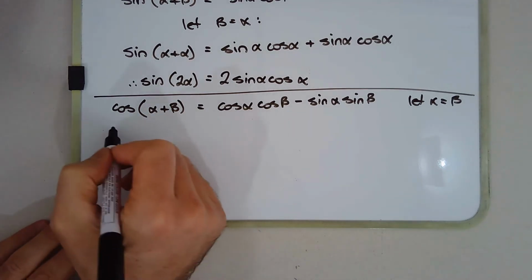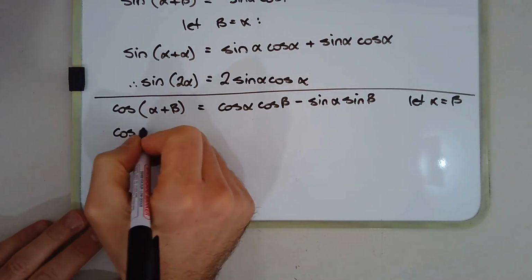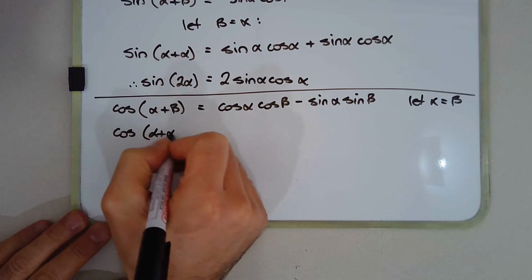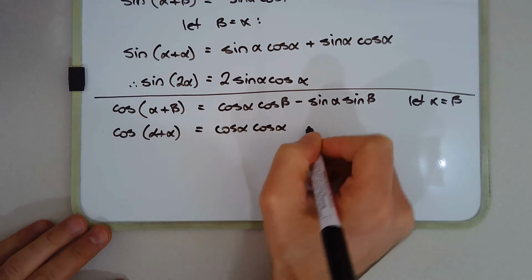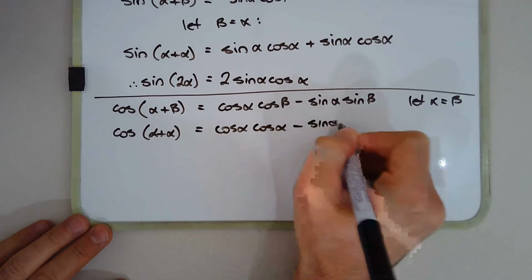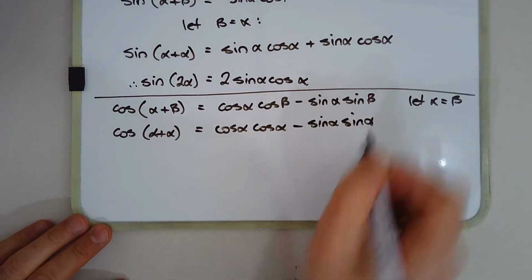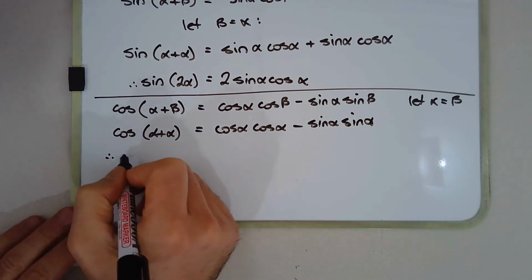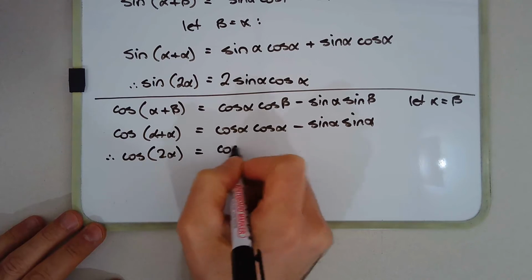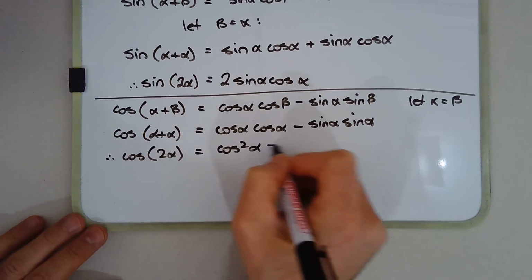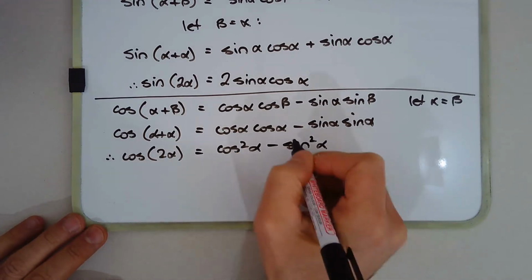So that means cos of alpha plus alpha is equal to cos alpha cos alpha minus sine alpha sine alpha. So therefore, cos of 2 alpha is equal to cos squared alpha minus sine squared alpha.